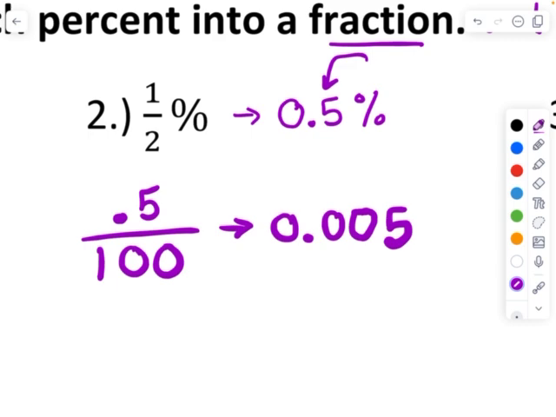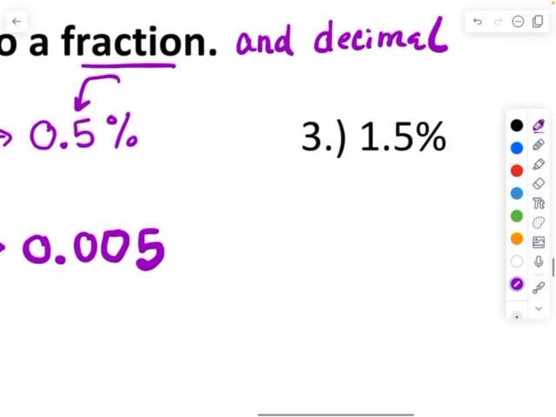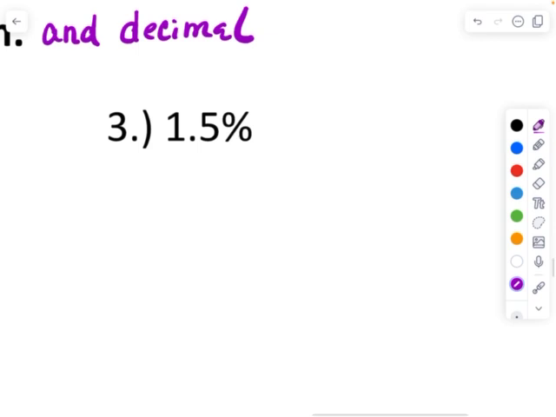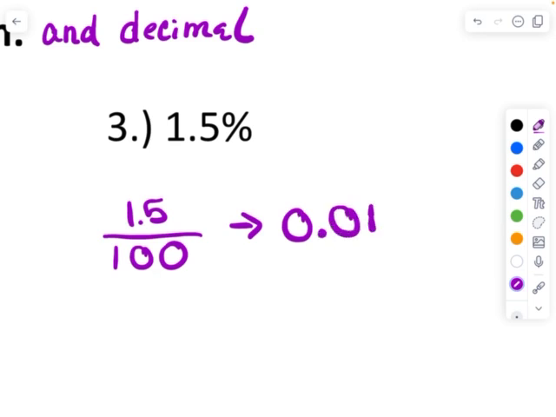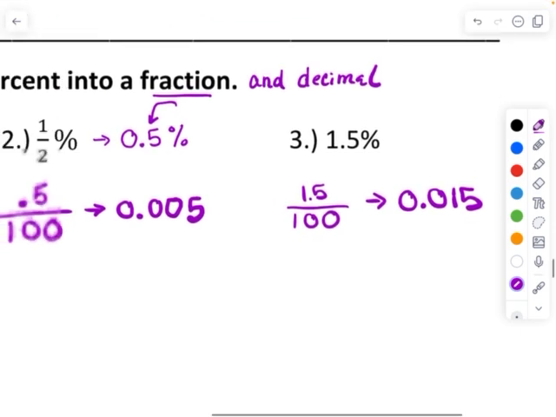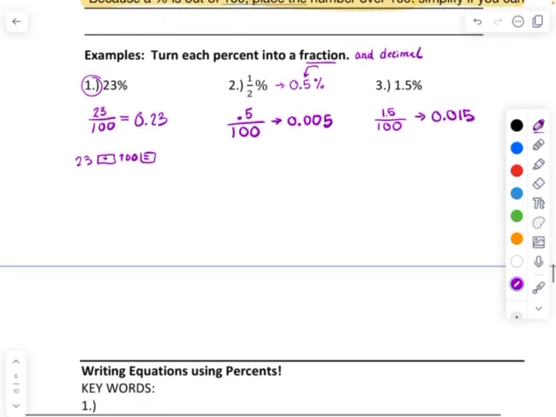We call that 5 thousandths. Tiny number. And last but not least, 1.5%. All right, so 1.5%. Let's put that over 100, and then let's go ahead and turn it to a decimal by dividing that, 0.015. Or we can read it as 15 thousandths. Again, numbers 2 and 3 were tiny percents.